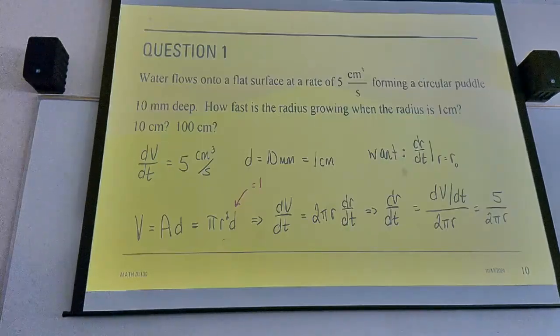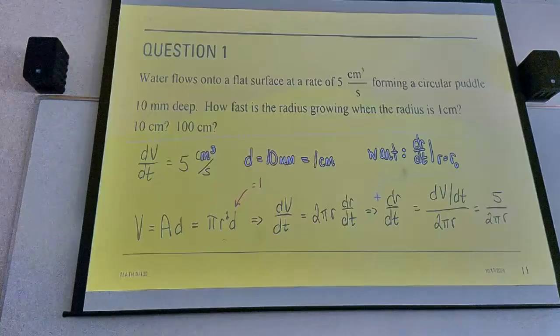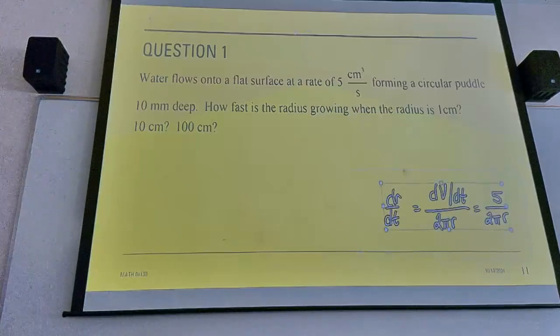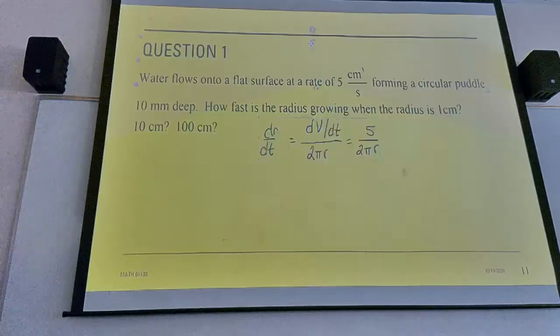For dV/dt, it was given to us in the problem. It says it's flowing onto a surface at a rate of 5 cubic centimeters per second. So when r is 1 centimeter, what is dr/dt?